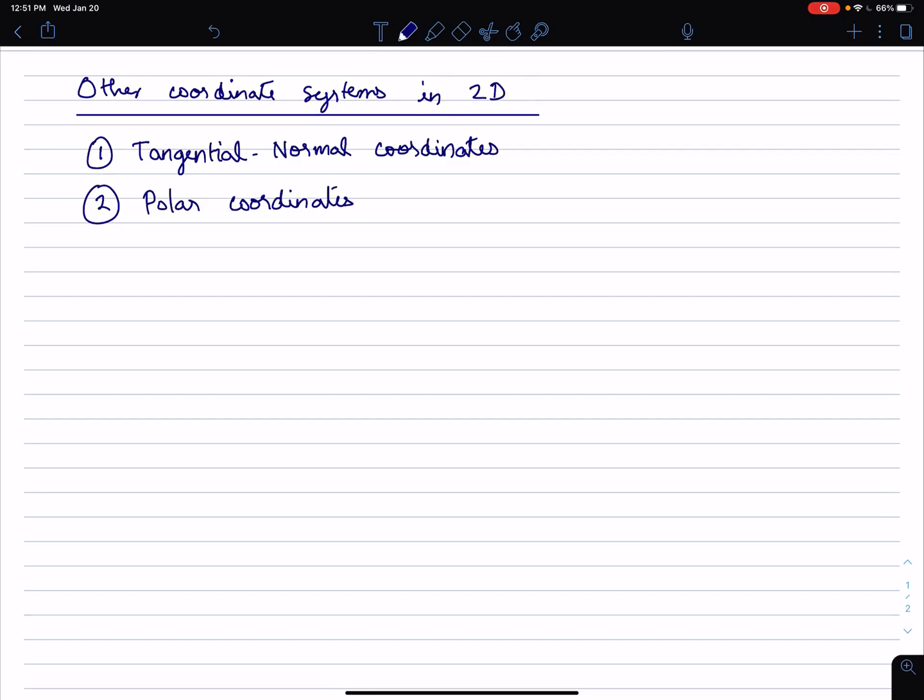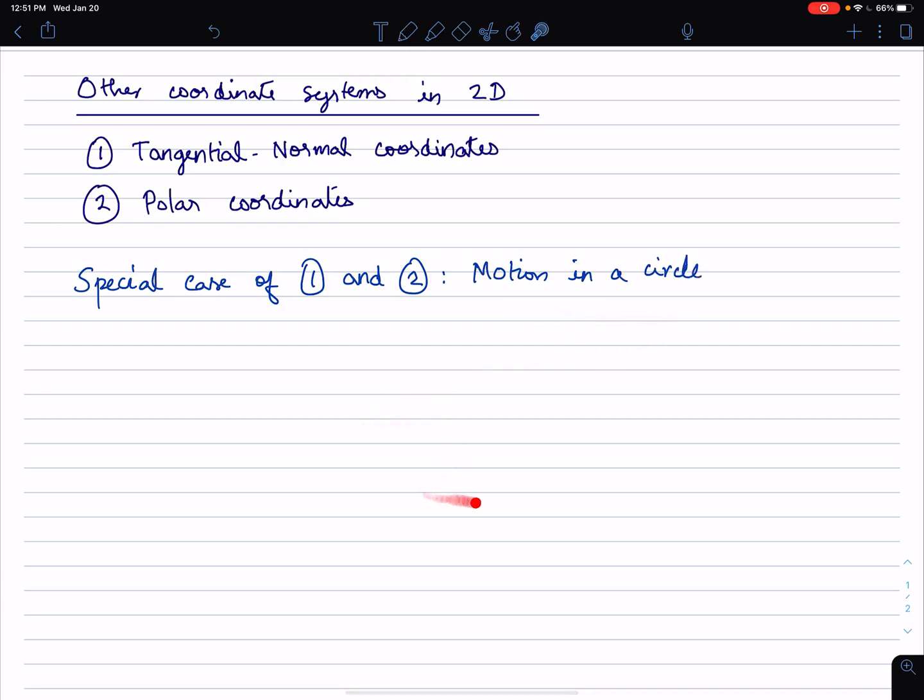Before we look at these two coordinate systems, let's first look at a special case of both 1 and 2, which is motion in a circle, specifically some coordinate system for motion in a circle. And then we will generalize what we do here into these two coordinate systems, which are going to be useful for more general motion.